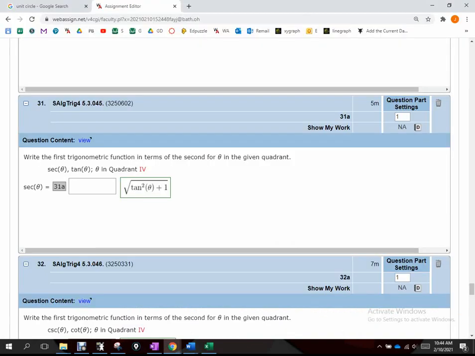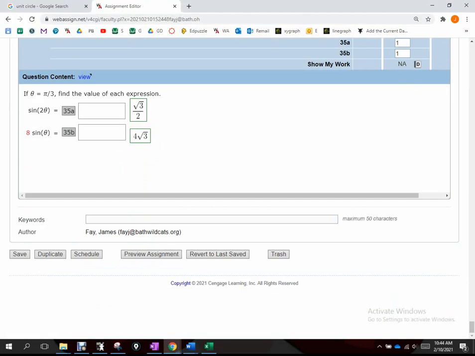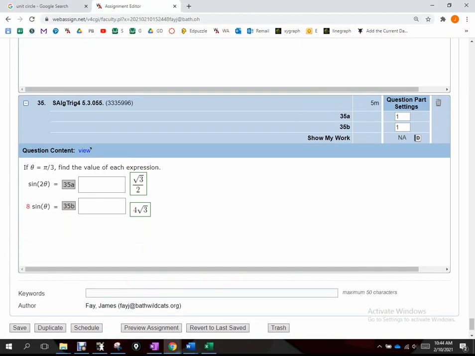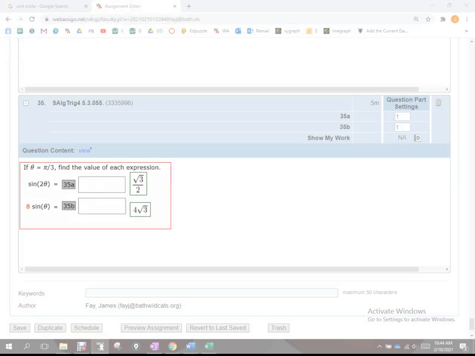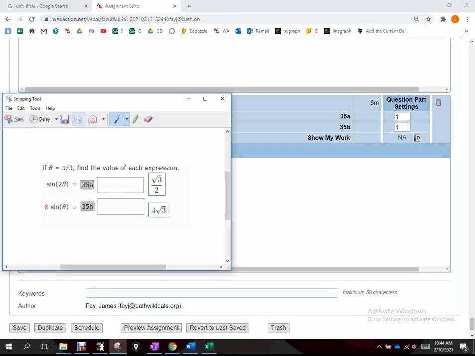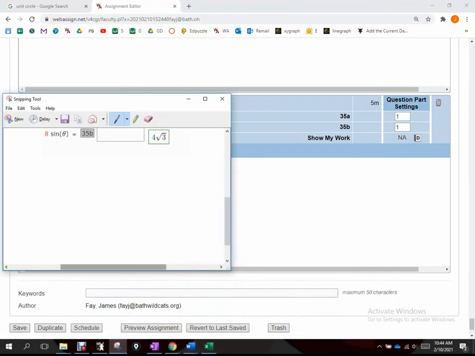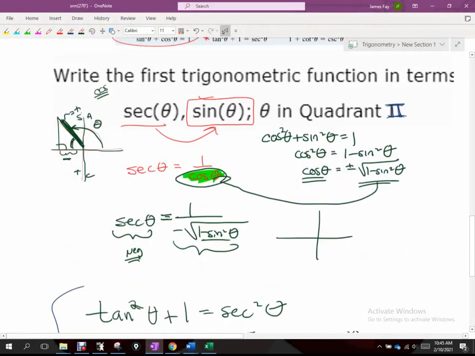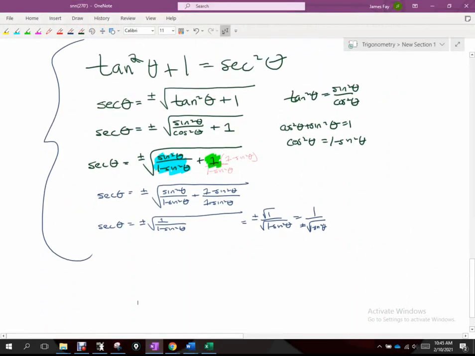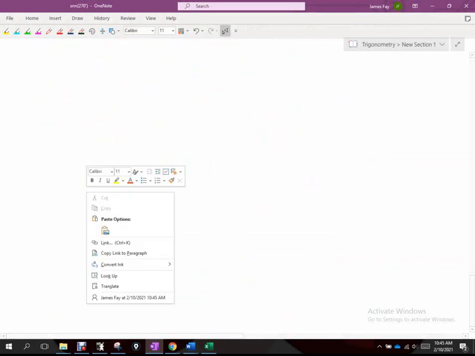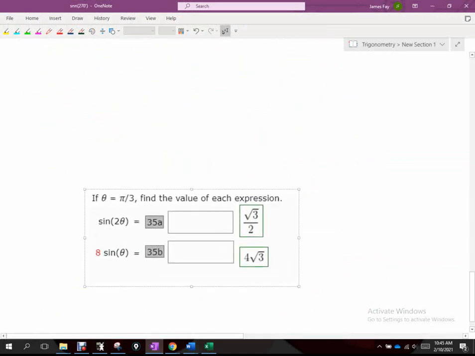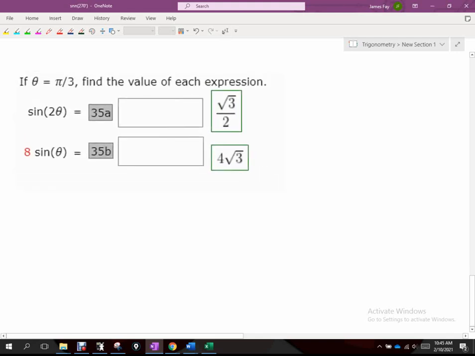35, double angle. All right, so theta equals pi over 3.